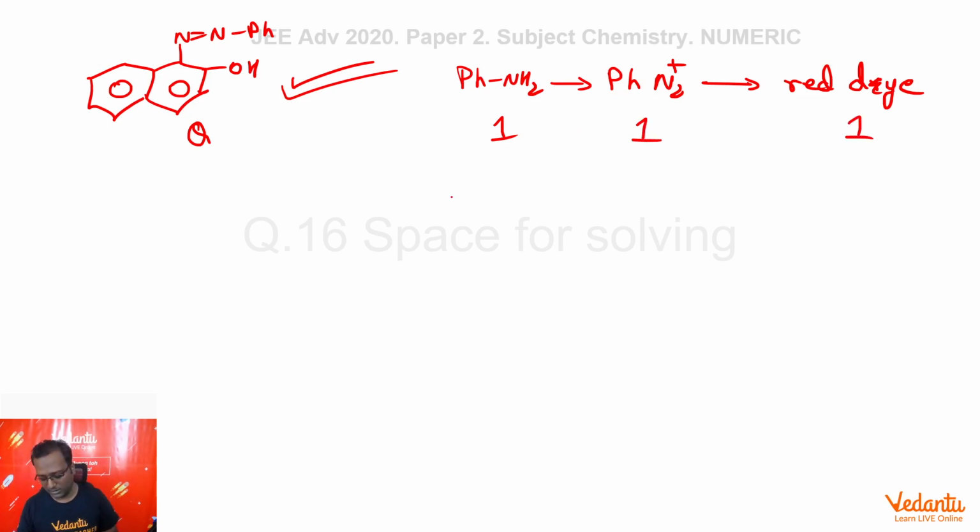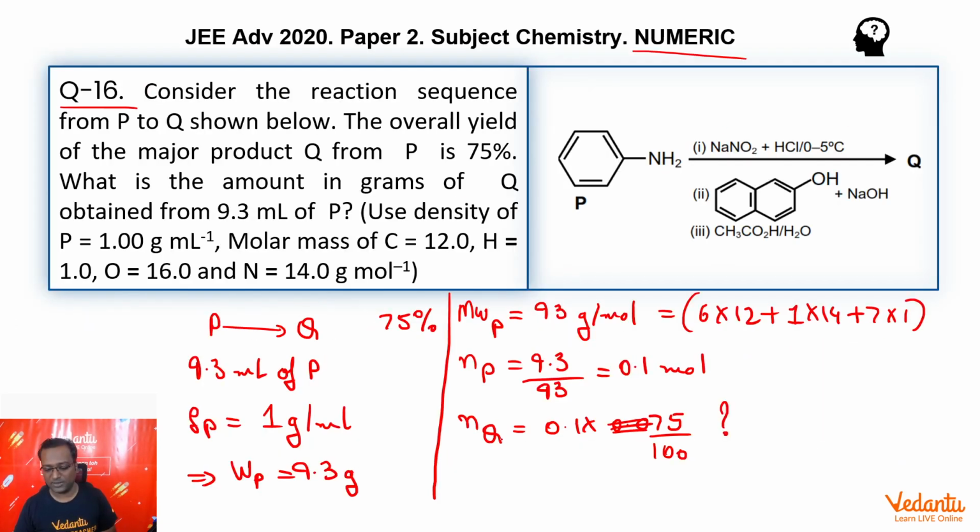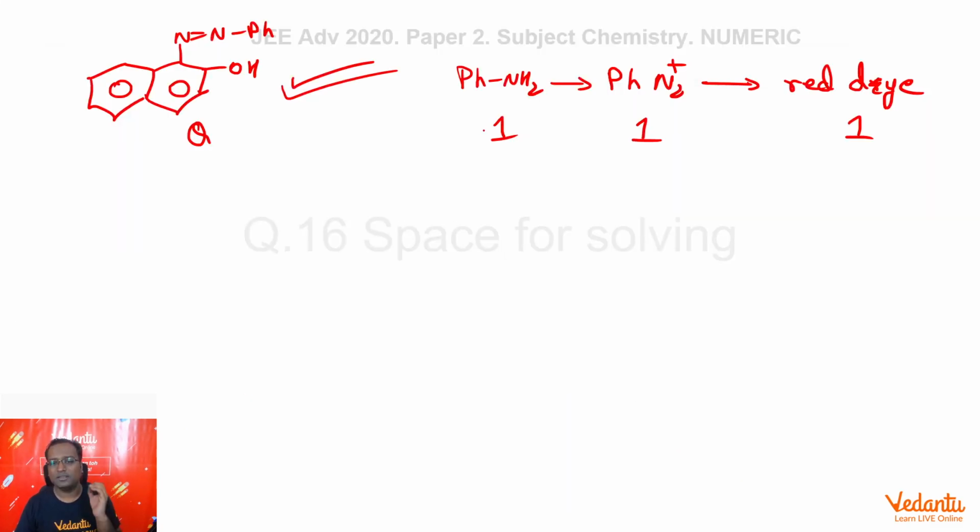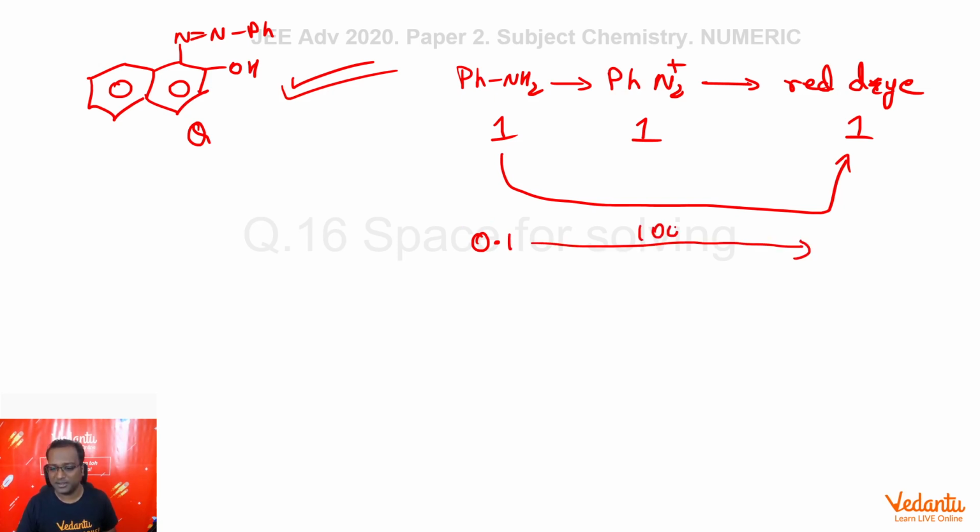Therefore, if you remember the previous slide, we said that 0.1 mole of P should give 0.1 mole of Q, and therefore we use 75%. Absolutely. This reaction sequence tells us that if I take 1 mole of this, the product formed should be 1 mole. I have been given 0.1 mole of the reactant, so with 100% yield, the product formed should be 0.1.